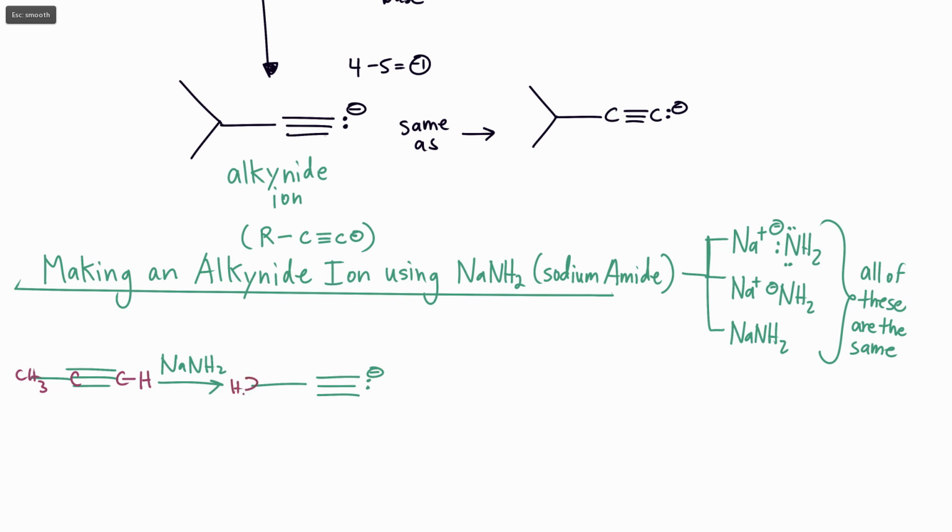This is the CH3, carbon, carbon. So I just deprotonated the hydrogen. Okay, so actually these two electrons go with that carbon, and that's why we have the formal charge of -1. And hydrogen has a plus charge.